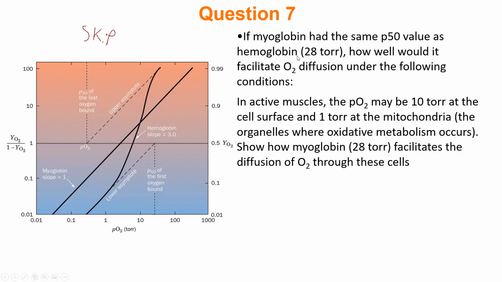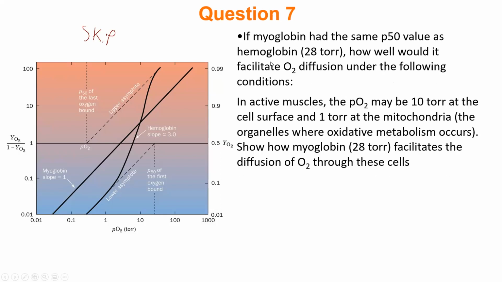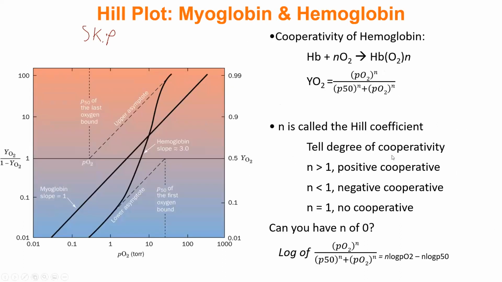What that means is that I'm not going to ask you to use this equation on the test. So when looking over your notes, I won't ask you something like questions 6 and 7 on the test, which is just basically math-based. But do know what Hill coefficients mean. Do know what the possible values of your Hill coefficients are, and what that tells you about cooperativity.